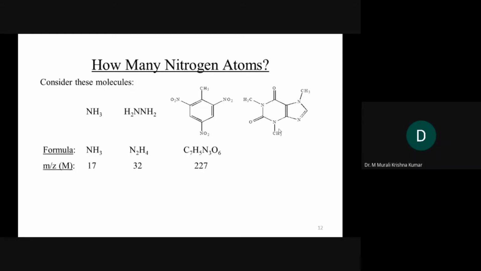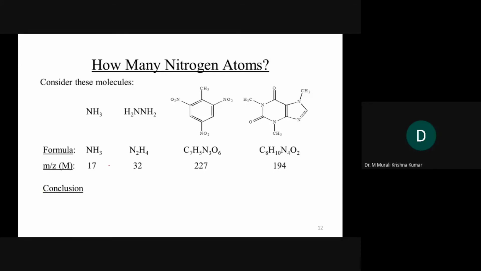Here you can see the molecular formulas: ammonia, hydrazine, trinitrotoluene, and caffeine. With a single nitrogen, NH3, the molecular weight is 17. With an even number of nitrogens, the molecular weight is 32. Again here, N3 gives 227, an odd number. N4 gives 194.